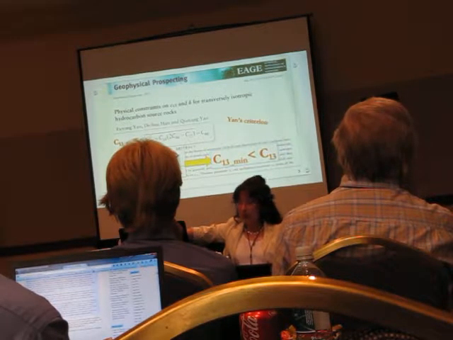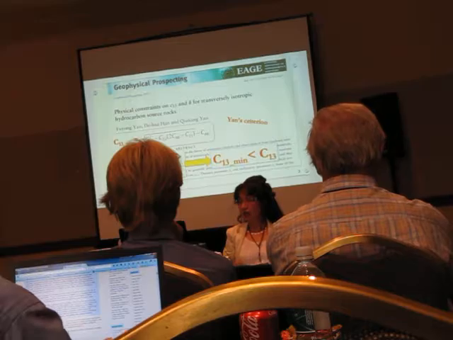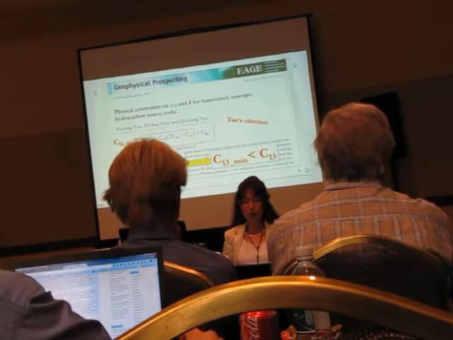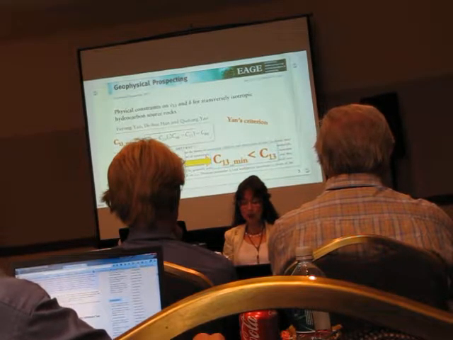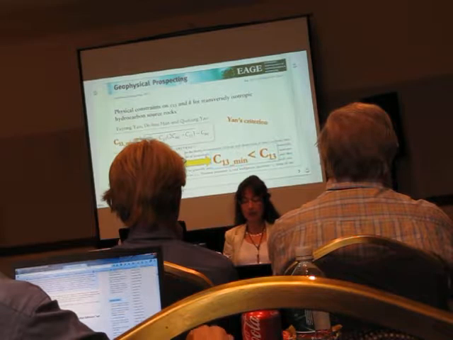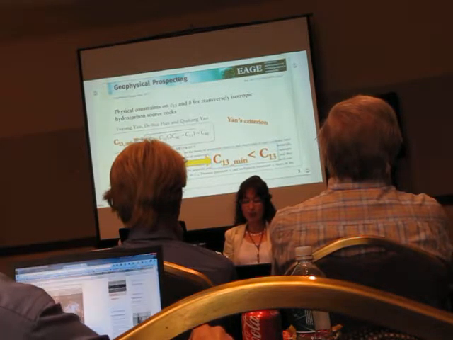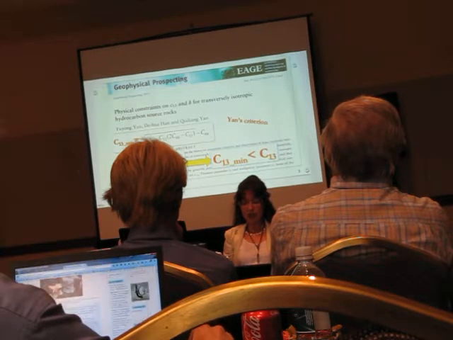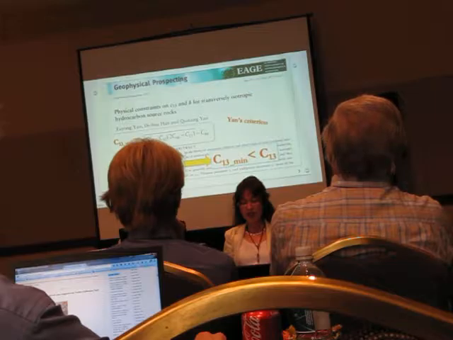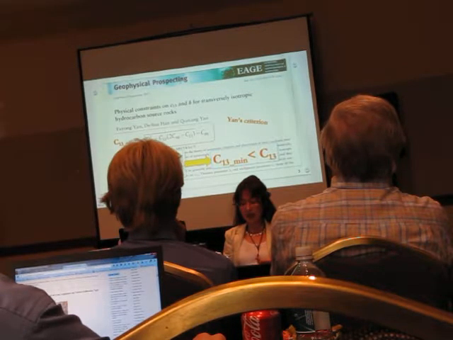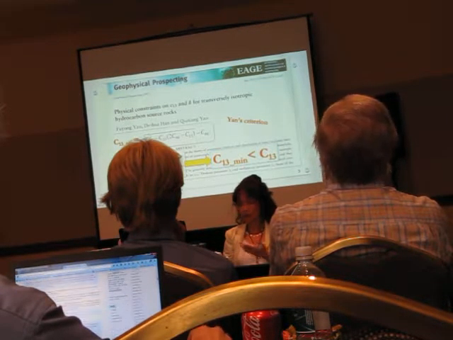And so, based on this inequality between two Poisson's ratios, the authors of this article derive the following formula for the lower bound of C13. For brevity, I shall name it Yan's criterion, after the name of the first author of the paper.